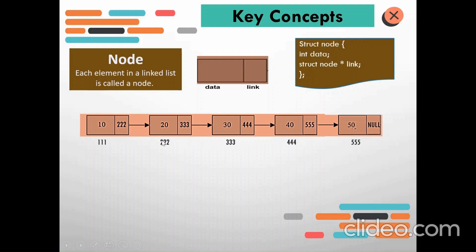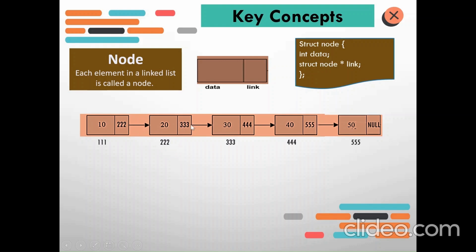Another thing that is important to mention here is that the link part generally makes a connection or the link to the next or the previous node. So here in this case, writing a 222 here means that this node is storing the address of this node, right? So that creates a link.